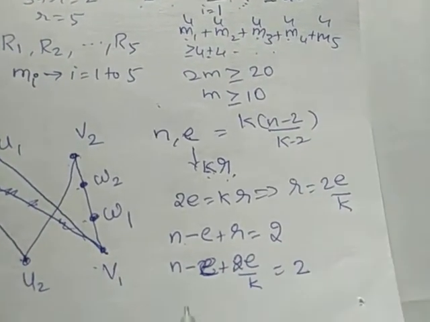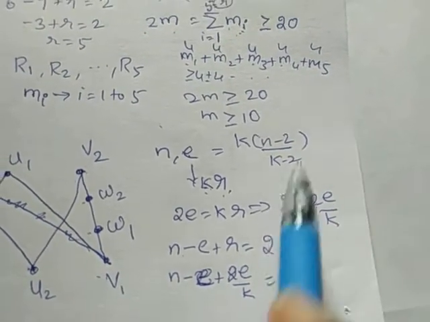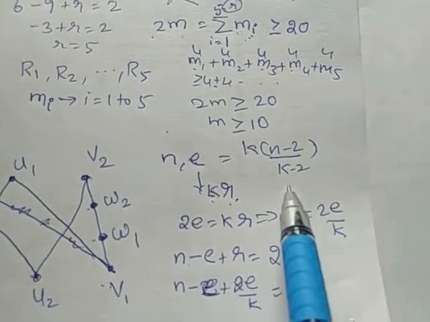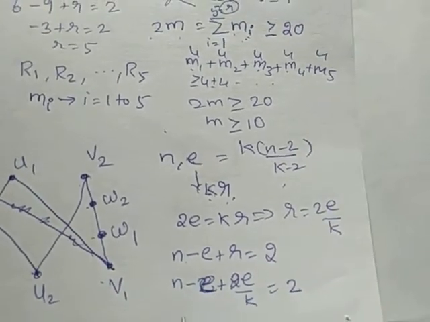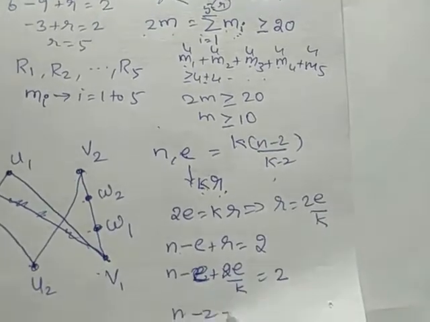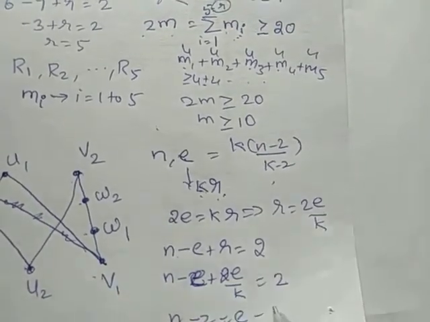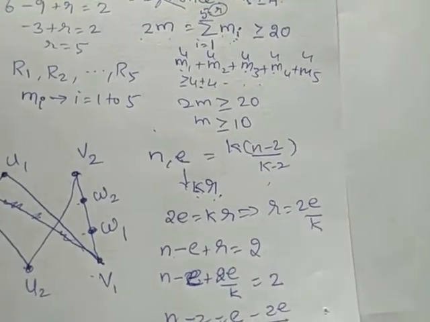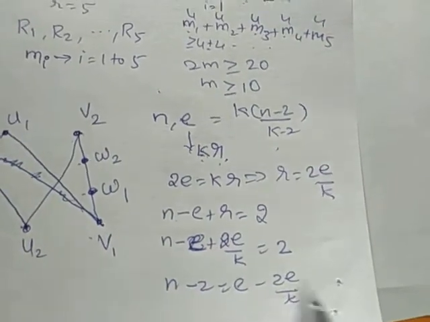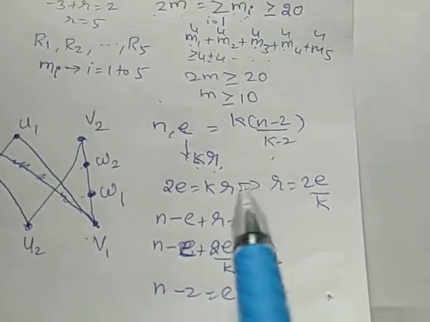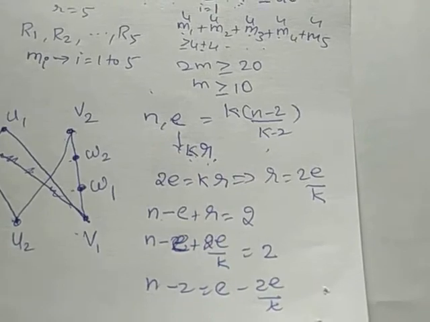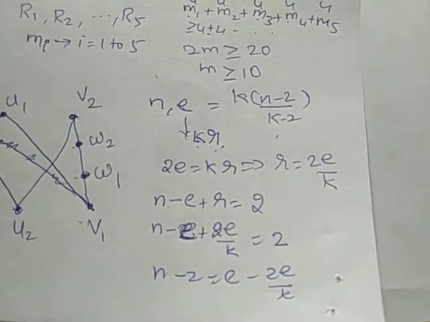If we simplify this, n minus 2 equal to E minus 2E by K. Take E common and take the LCM. We will prove that E is equal to K(n minus 2) by (K minus 2).